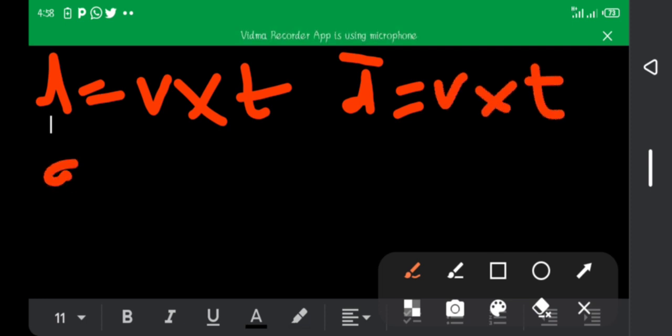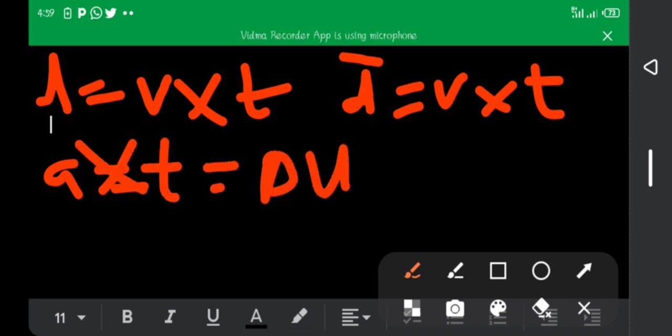We have change in velocity equal to acceleration times time. You can basically just change the subject of the formula for each of these equations.